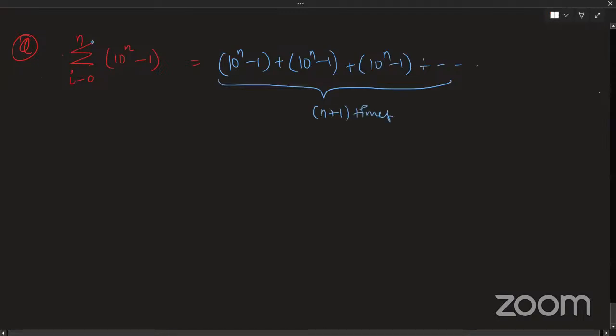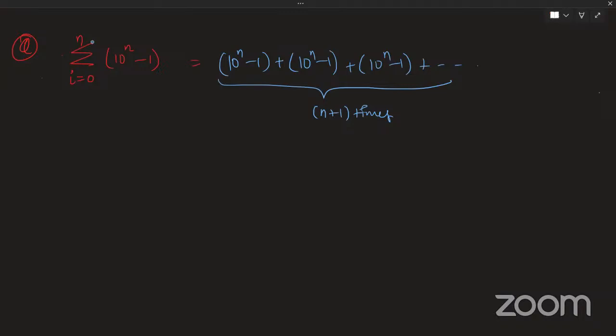This happens because the function in the input that I'm giving is not dependent on i. If I input the value of i as 0, my term is still 10 raised to n minus 1. When I input i as 1, it still remains 10 raised to n minus 1. When I input i as 3, my term becomes the same.